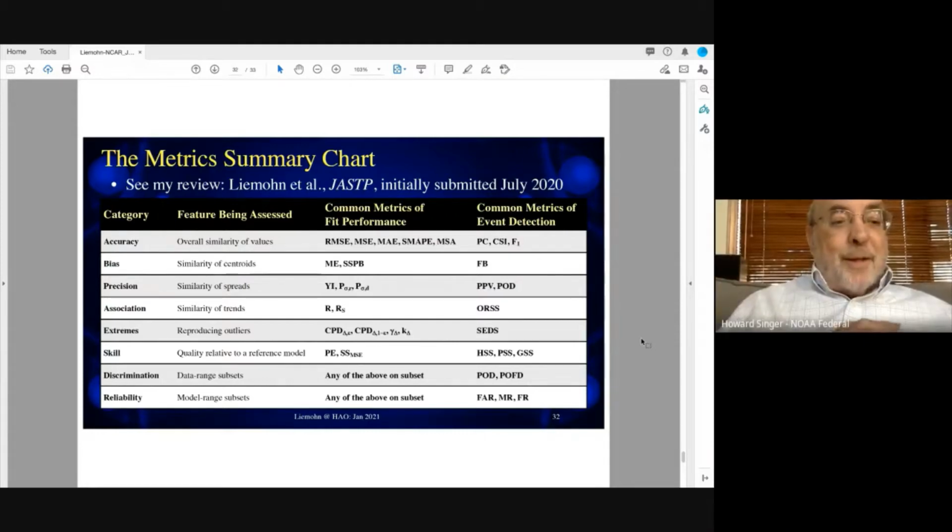So, Mike, this is Howard Singer. Thanks for an interesting and useful talk. This is more of a comment than a question. But one thing we didn't really get into is why we use these metrics and how important they are. We use them certainly for guiding our science, next steps, based on whatever results we're seeing.